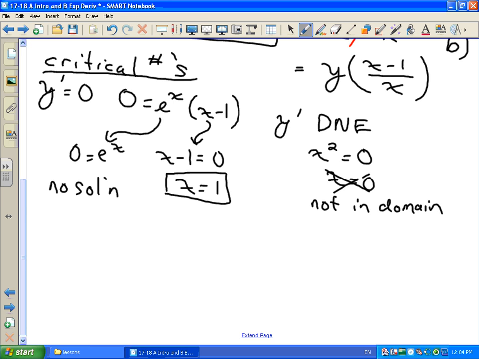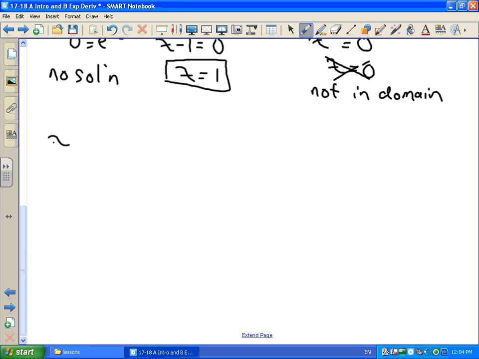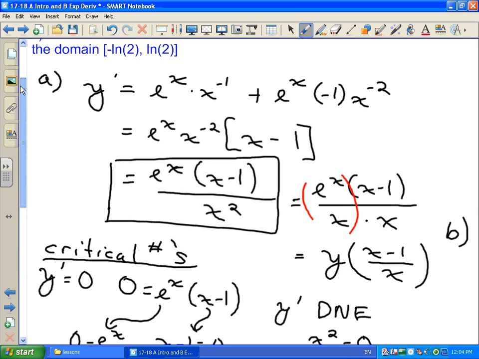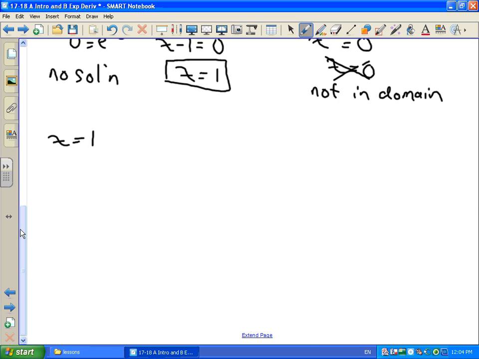So we only have one point that is a local max and min, x equals 1, and we also want to check our two endpoints, ln 2 and negative ln 2. Because all we want is the absolute maximum and minimum, if we just find the y values that correspond to each of these points, that should tell us what's the absolute max and what's the absolute minimum.